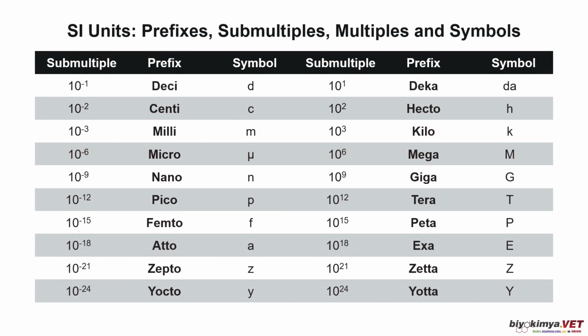Here you see the SI units, the prefixes, submultiples, multiples, and the symbols. These prefixes and multiples help express SI units at different scales, and this is the scale. It helps you understand better how we convert from one level to another, or from one scale to another scale.